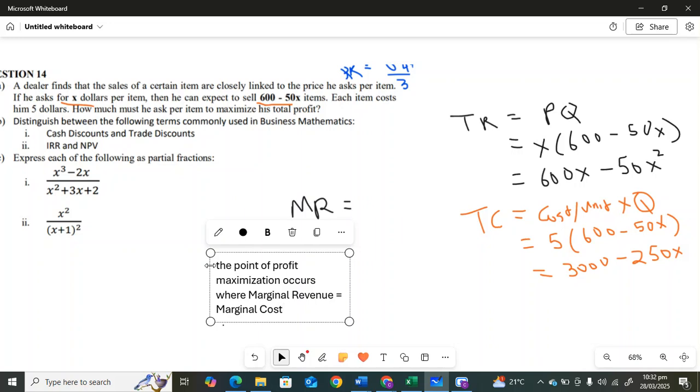That's the point of profit maximization, where marginal revenue equals marginal cost.